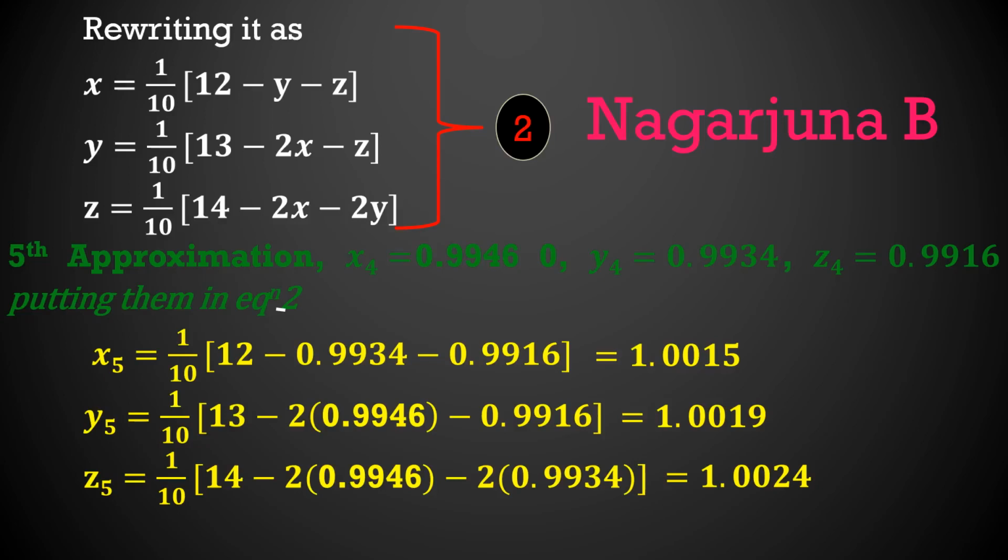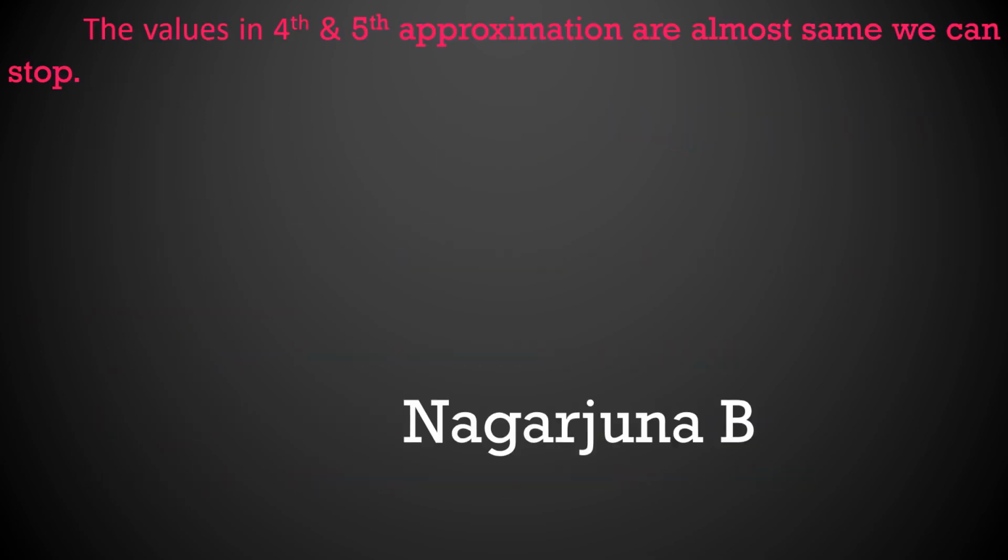So by considering the values in the fourth and the fifth approximation, which are almost the same, we can stop the iteration process and we can write x is equal to the value which we have got in the fifth step, 1.0015, and this, rounded off to one significant digit, is nearly equivalent to 1.